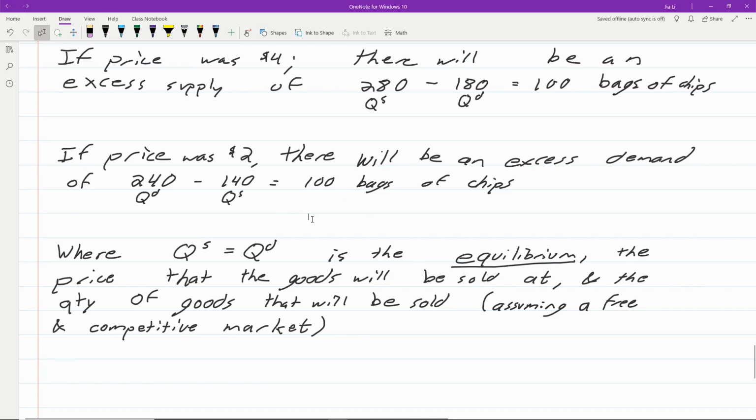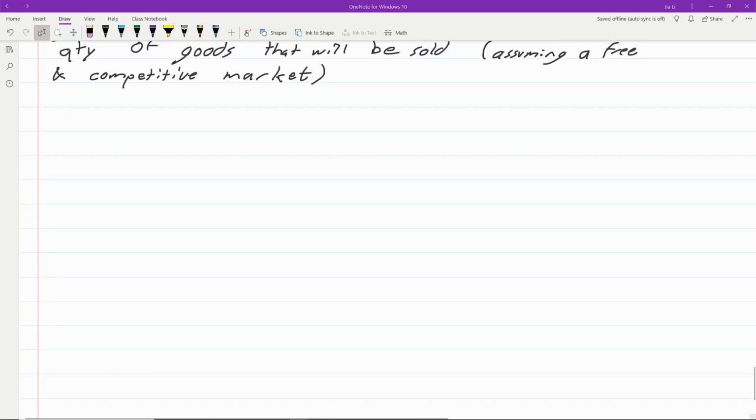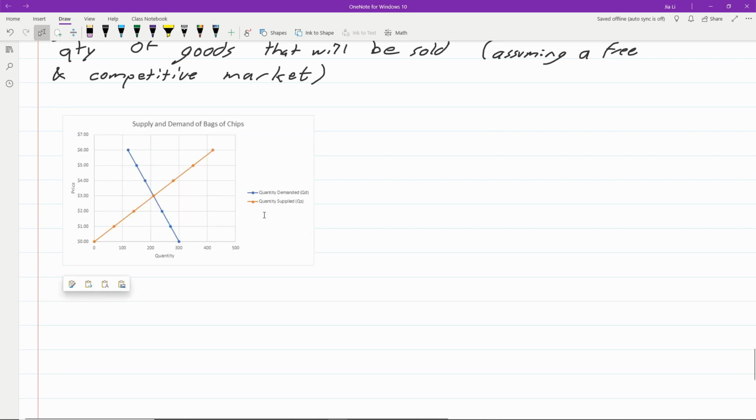So that's how we can put demand and supply together on a table, just like this. But remember, we also learned about demand and supply using a graph and using equations. So let's take a look at how that works as well. Here, I am going to copy and paste a graph from my notes.